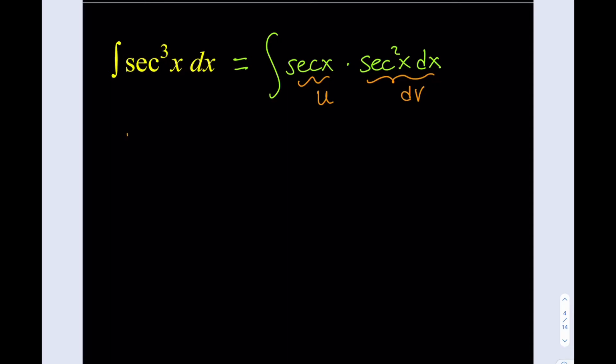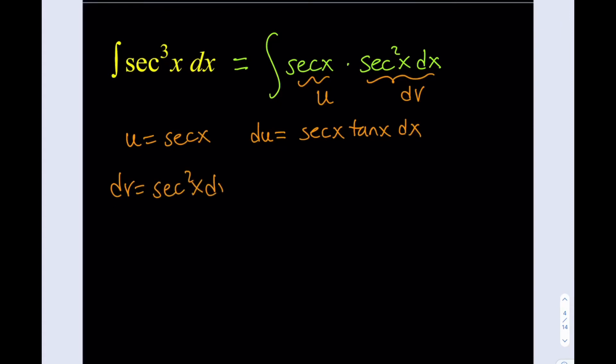Okay, cool. So let's write down what we have. We have that u equals secant x, which means du would be the derivative of this, which is secant x tangent x dx. We just talked about it. Don't forget the dx. And then dv is secant squared x dx. By the way, if you're doing integration by parts, you have to make sure of one thing.